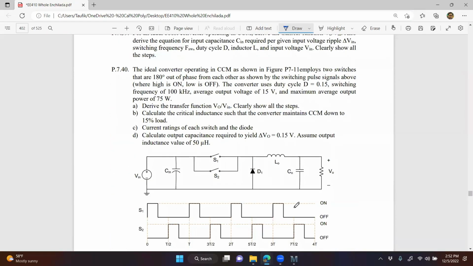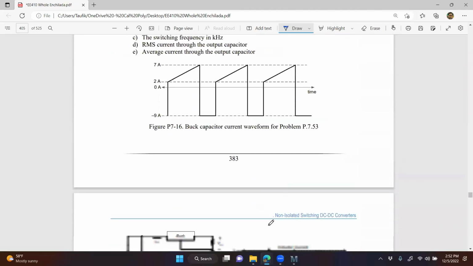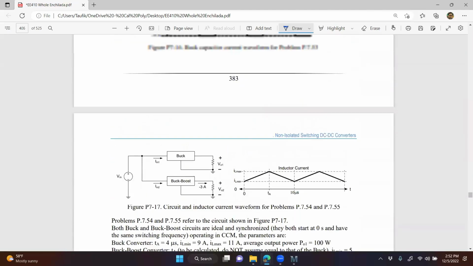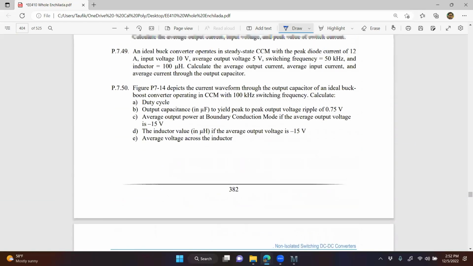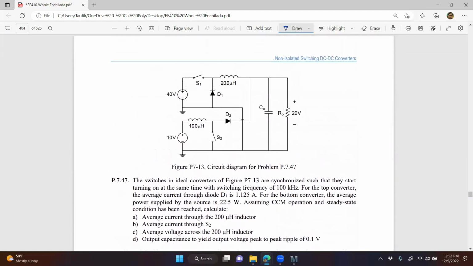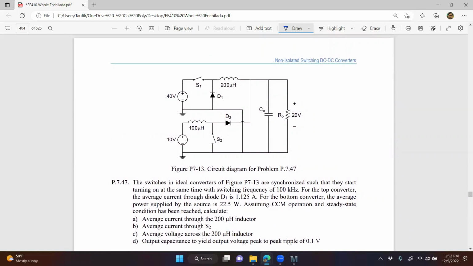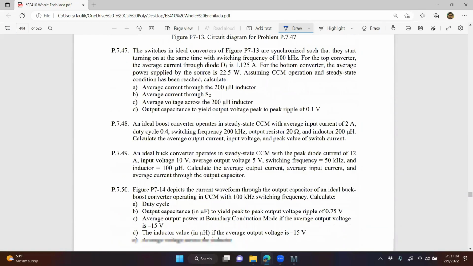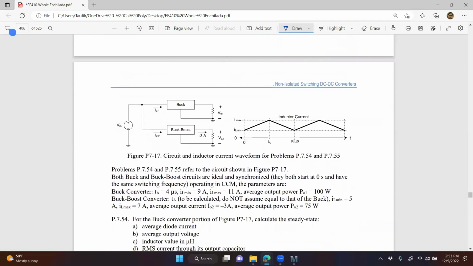Okay, so something like this one, right? Where you combine two topologies, such as this one. There's more, like this one. See this?